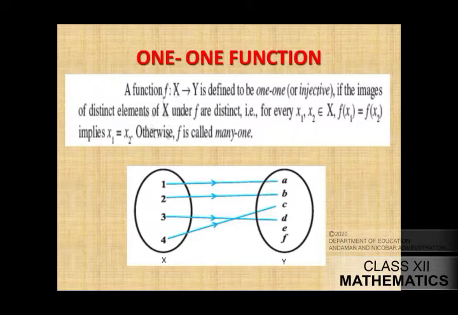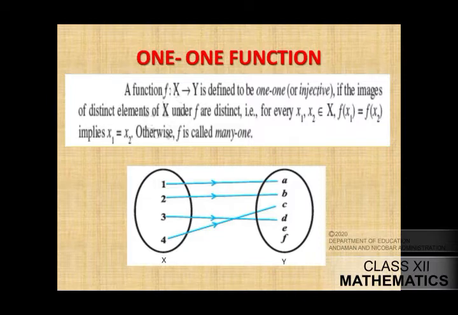Here you can see a diagram also in which I have taken two sets x and y. In x you can see there are numbers 1, 2, 3, 4 and in y a, b, c, d, e, f. If you observe this, you can see here every element of x has got a distinct image. 1 has got image a, 2 has got b, 3 c and 4 d.